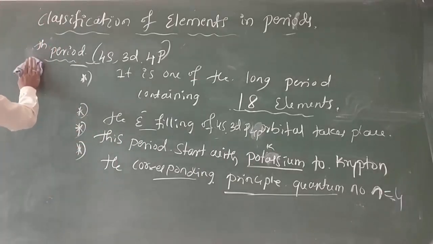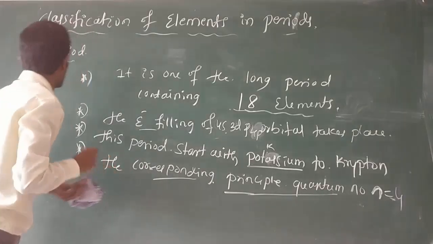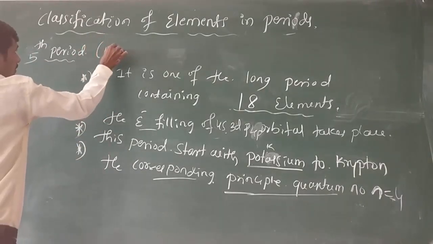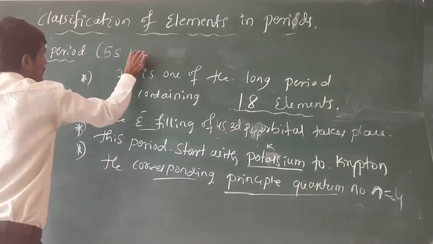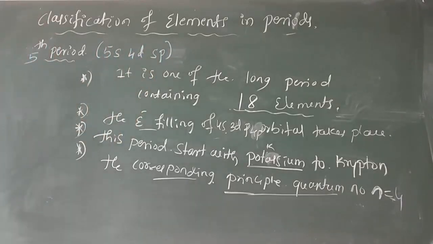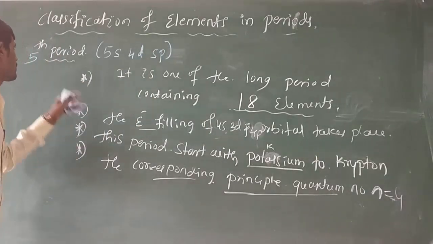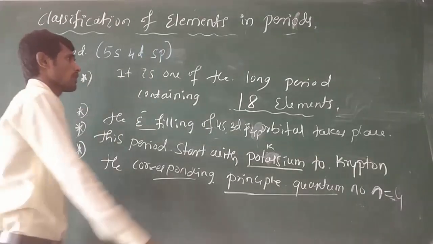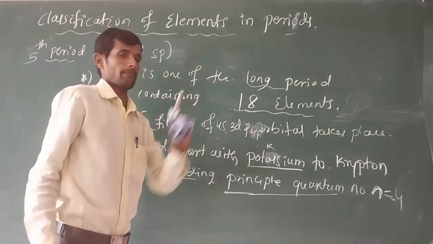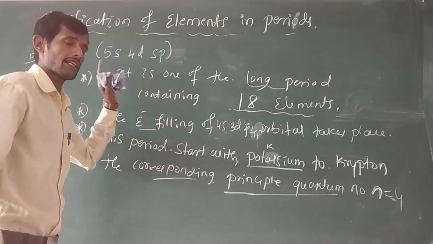Next, similarly, fifth period. What are the changes here? Just observe. In presence of fifth period, there are 5s, 4d and 5p orbitals observed. Students, remember, fifth period is also one of the long periods containing 18 elements.